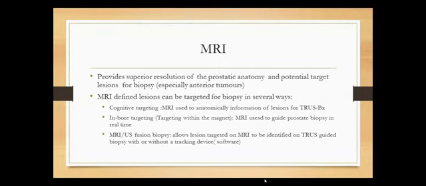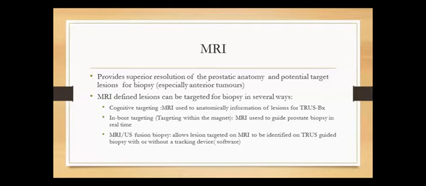Okay, so we have cognitive targeting, whereby the MRI is used to give us anatomical information regarding the lesion, and then we do a transrectal biopsy to get to the lesion. And then we have in-bore, whereby it's targeting within the magnet. The MRI is used to guide the prostate biopsy in real time through the magnet.